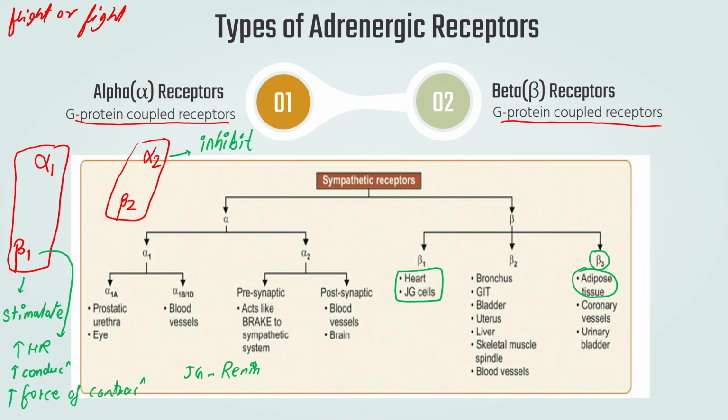The renin, aldosterone and angiotensin system is another complex system. For now, just remember, renin release will lead to angiotensin formation, and angiotensin is responsible for increasing our blood pressure. So stimulation of the JG cells will result in increased blood pressure.